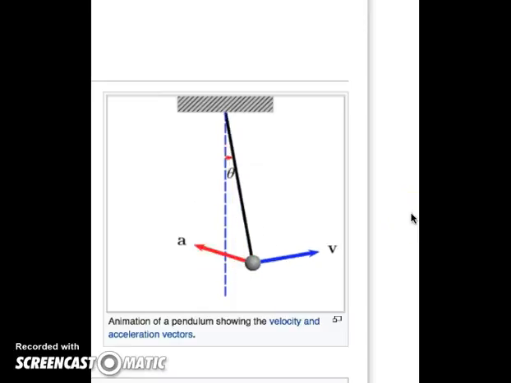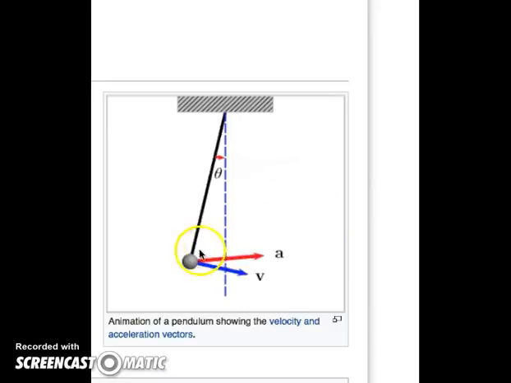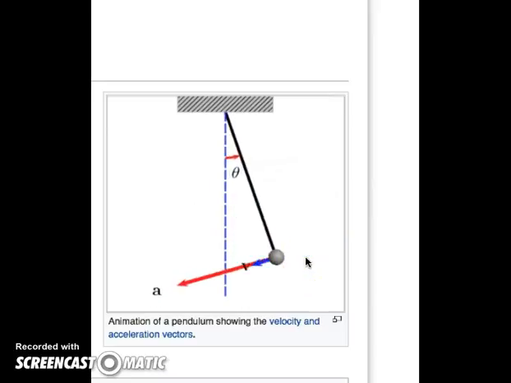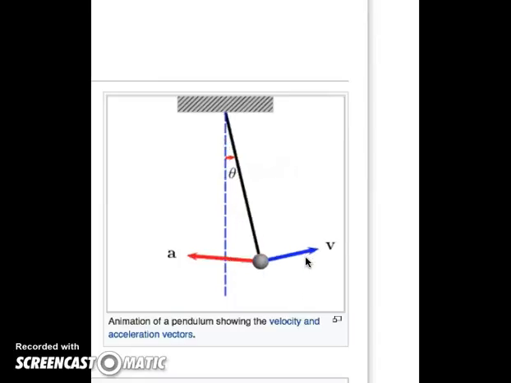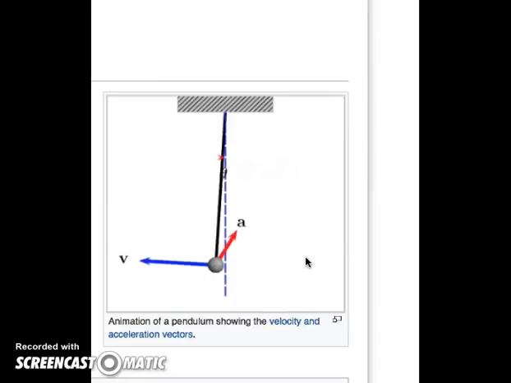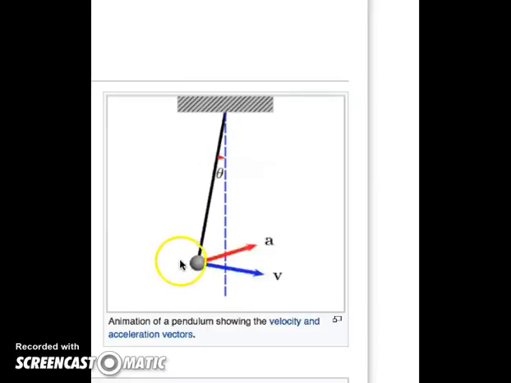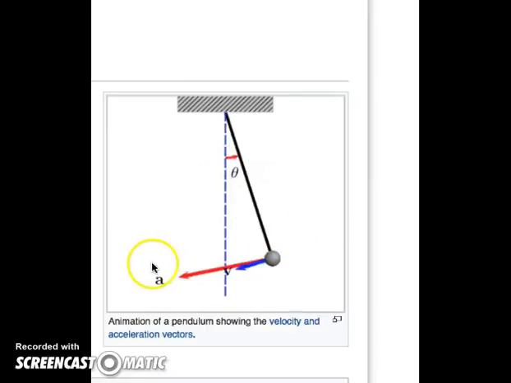So let's now consider another scenario in which we have a so-called pendulum, right? So this type of system will be related to the mass spring system. And so here we have an animation of this sphere basically bouncing there.